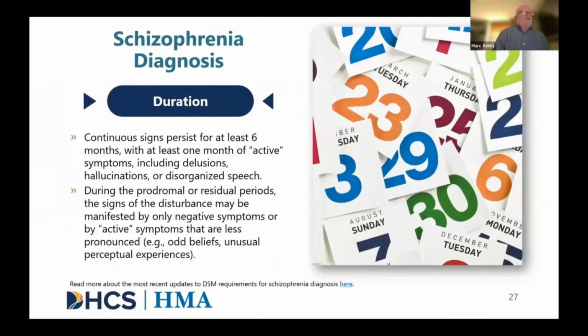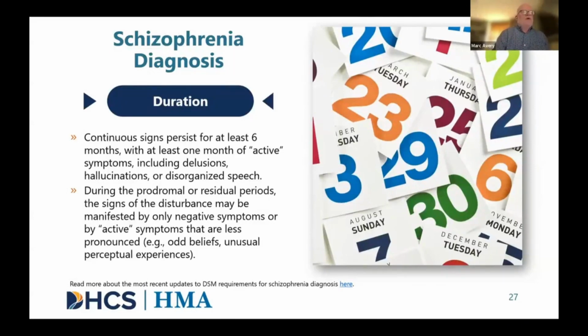The DSM-5 stipulates some criteria related to duration of symptoms that are required for diagnosis of schizophrenia. For schizophrenia itself, continuous signs of the disturbance must be persistent for at least 6 months, with an at least 1-month period of active symptoms, including, as mentioned, delusions, hallucinations, or disorganized speech.